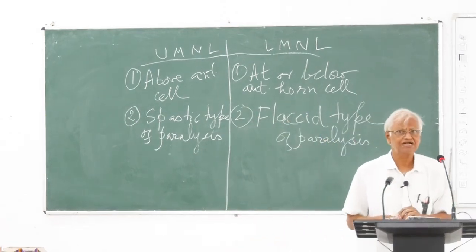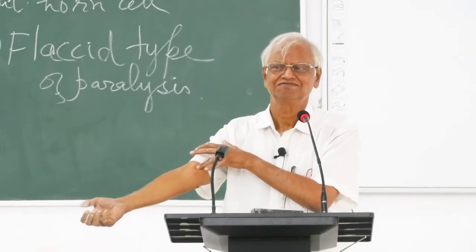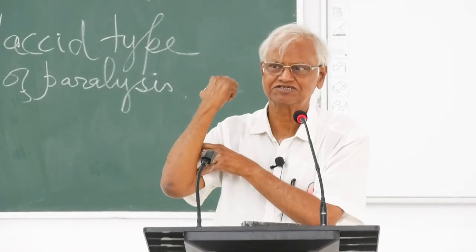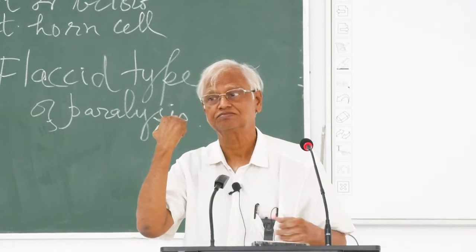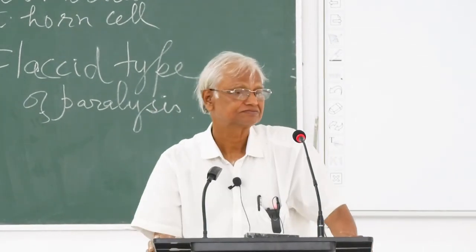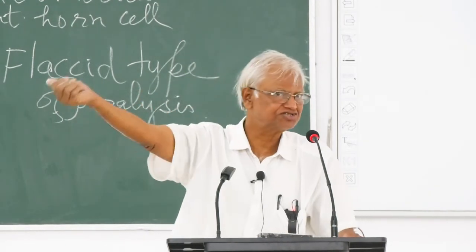What is the function of biceps? Flexion of the elbow. Many functions, most important among them is flexion of the elbow. Supination also. What is the function of the triceps? Extension of the elbow.